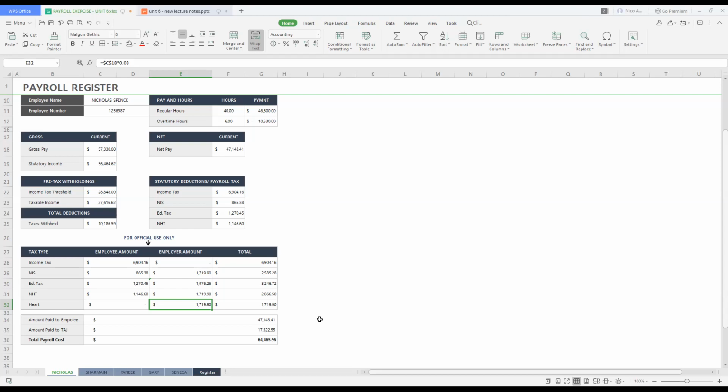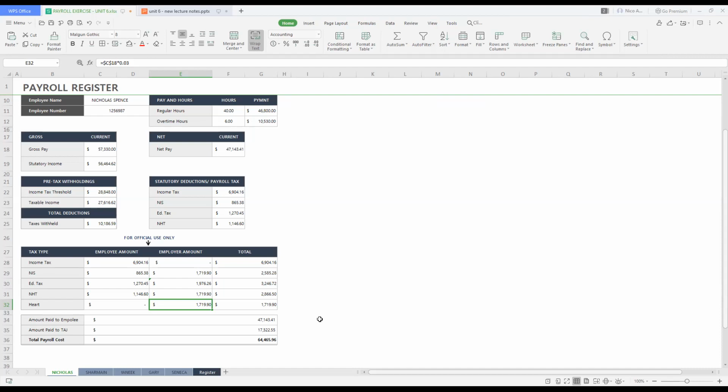Yes, and now we are going to find the PAYE, but we need to determine what the income tax threshold is and take that away from the statutory income to find the taxable income. So we know that the minimum wage right now is $1.5 million and 96.